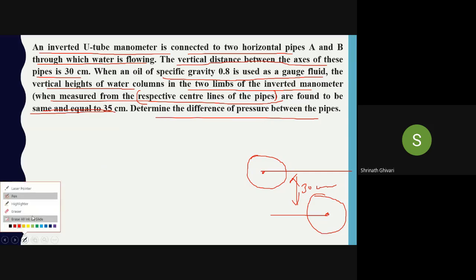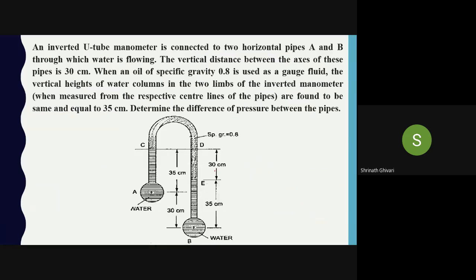For this, you have to draw the diagram and understand, but for you now, I'm showing it. The vertical distance between the axes of these two pipes: what are the two axes? This is one axis, this is the other axis. So the distance between the two axes is 30 centimeters. If he says there is no difference, then what would have happened?